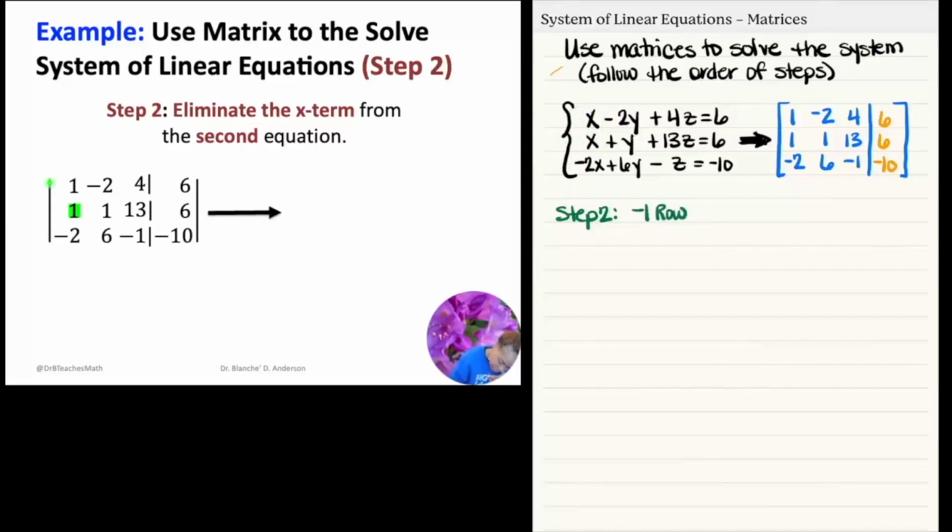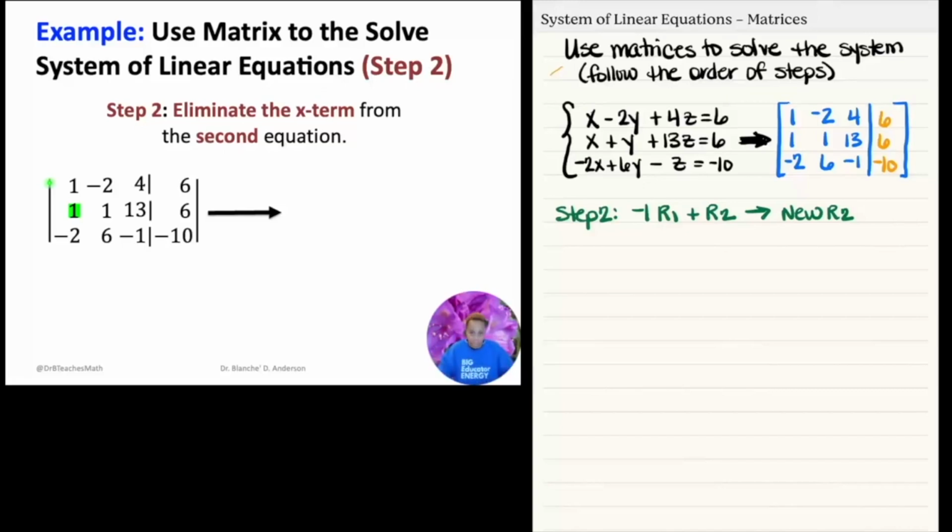Now, instead of writing row, you're going to see me write R. That represents row 1, row 2, row 3. So -1 times row 1, and I'm going to add it to row 2 to get my new row 2. If you've seen my previous videos, you've seen that I write out what I'm thinking so that I don't lose my spot. Some of you might think that takes forever, but once you really get good at it, you write it, you do it, you move on.